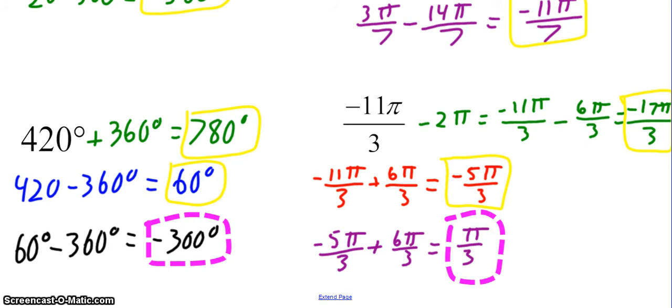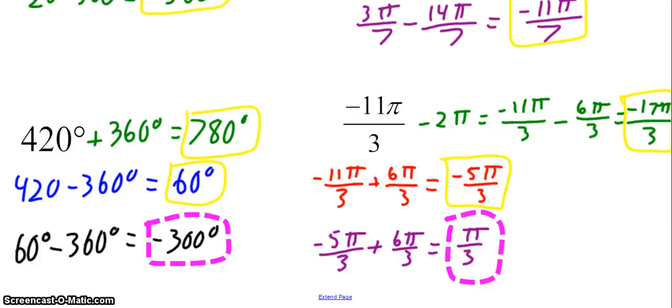Keep in mind, you could continue to add 2 pi and continue to get positive coterminal angles. Or you can continue to subtract and continue to get negative coterminal angles. So these are just a couple examples of possible answers. Remember, there are an infinite amount of answers. However, you don't want to continue to find coterminal angles unless you need to, because then you're just wasting your time.